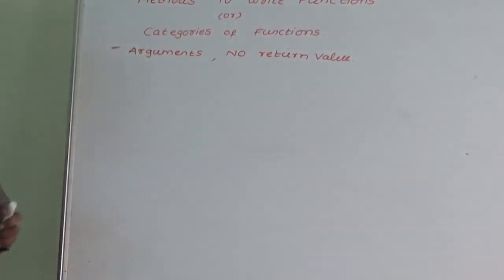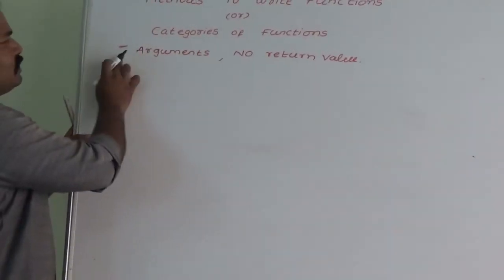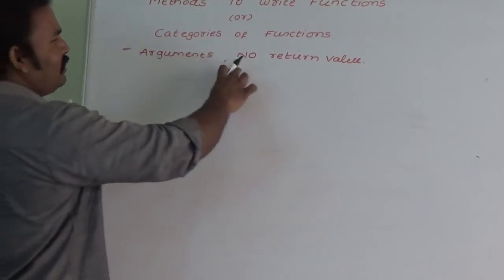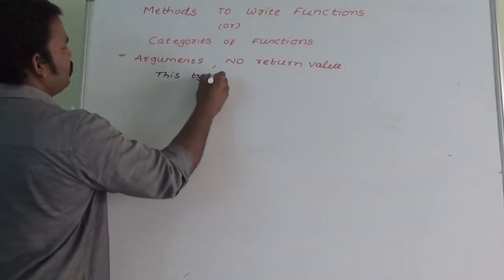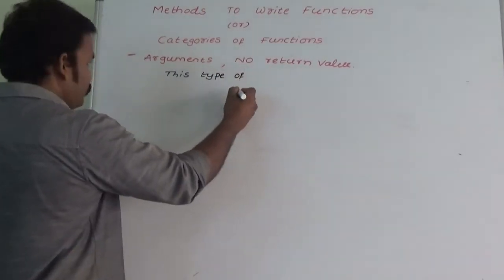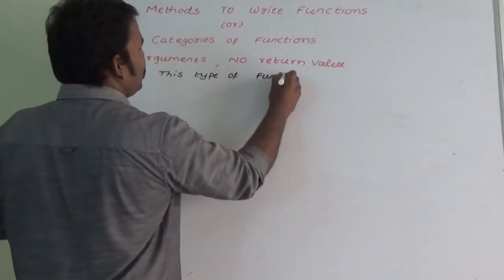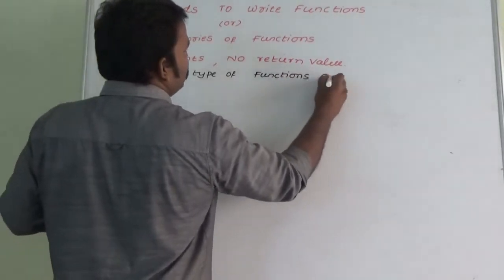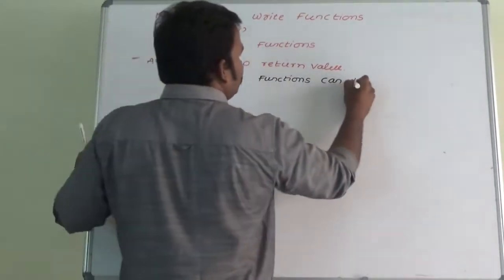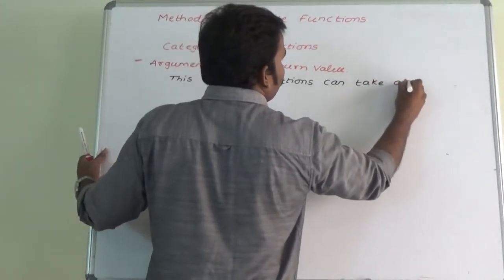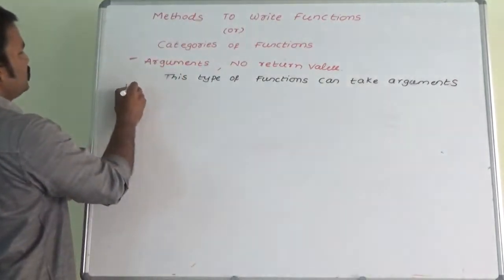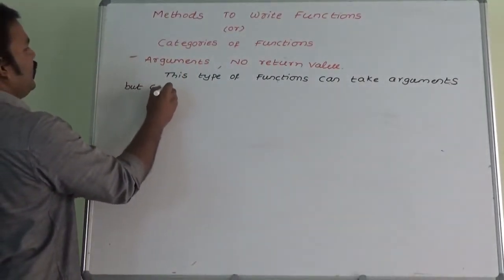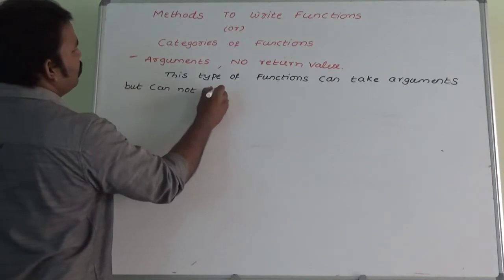So the second category is function with arguments and no return value. This type of function can take arguments but cannot return any value.